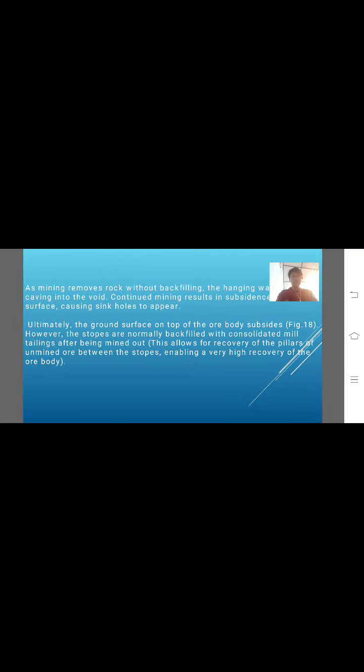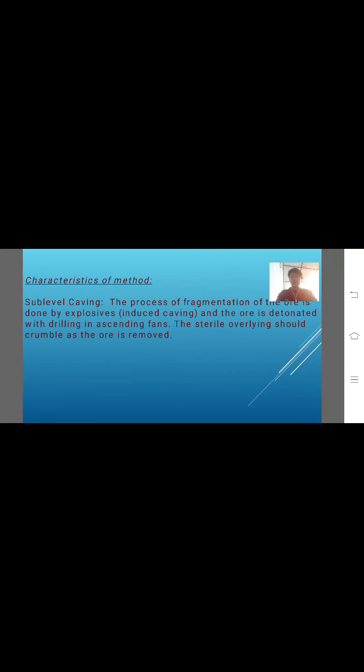And coming to the characteristics of this sublevel caving, the fragmentation is done by explosive, which is also known as induced caving, and the ore is detonated with drilling fans ascending. The surface overlying should collapse as the ore is removed.